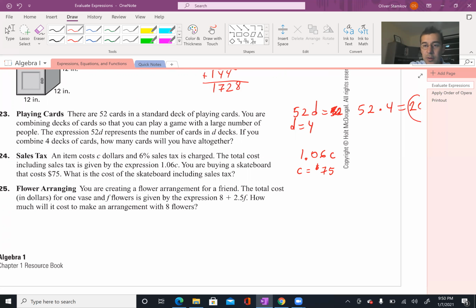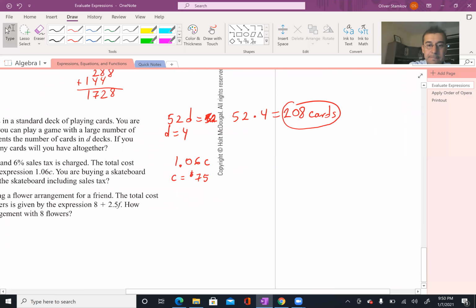Okay, so same thing. That would be 1.06 times C, 75. So let's do it here. So again, same thing, multiplication. 5 times 6 is 30, 0 and 3.